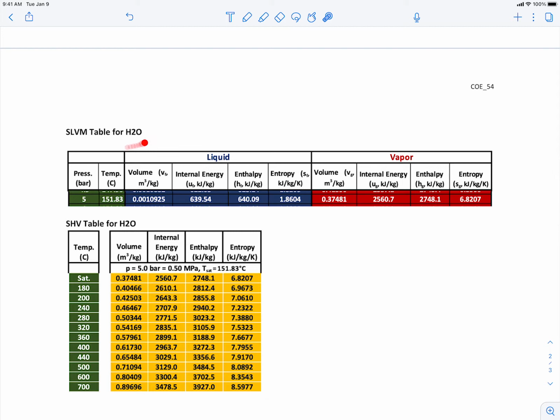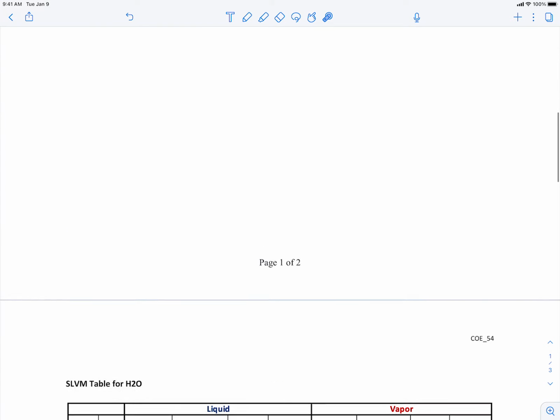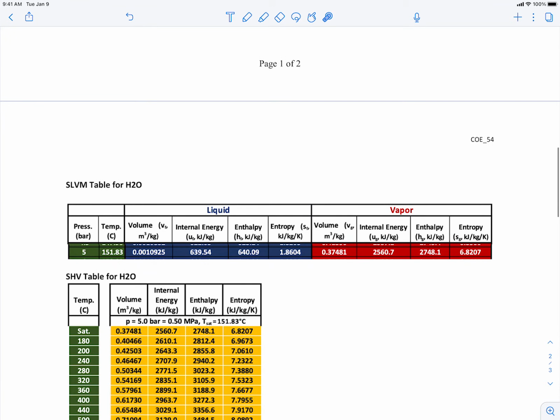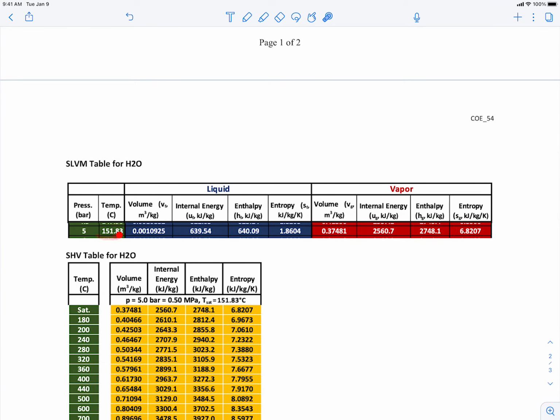Here we are at 5 bar, and we're told that the temperature is 240 degrees C, but you can see the saturation temperature is 151 degrees C, so our temperature is higher than this, which means that we're going to be in a superheated vapor phase rather than being in a saturated liquid vapor mixture.